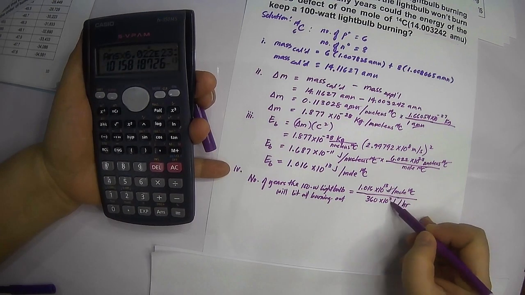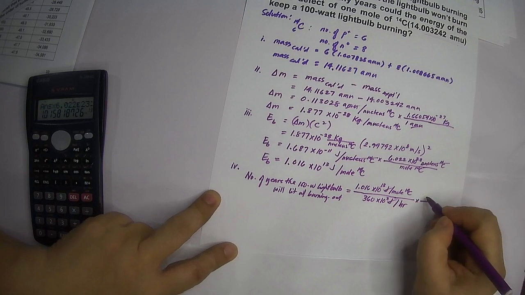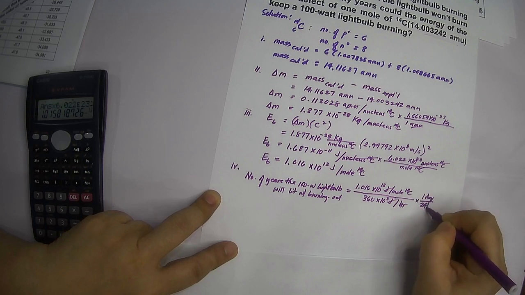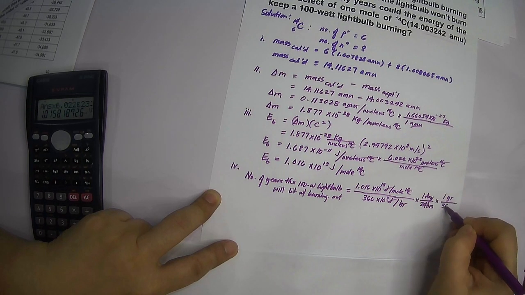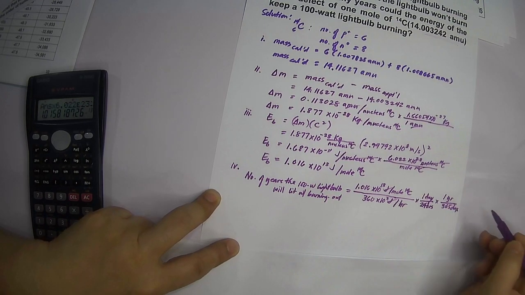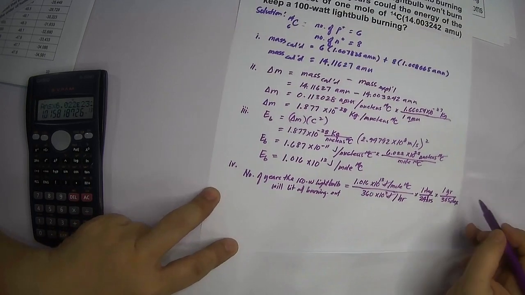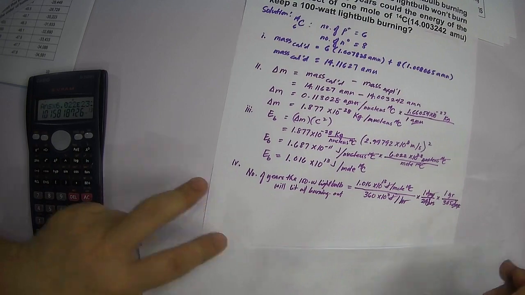So the joule cancels out. Since in one day we have 24 hours, and in 1 year you have 365 days, conservatively without leap year, the hours cancel out, the days cancel out.